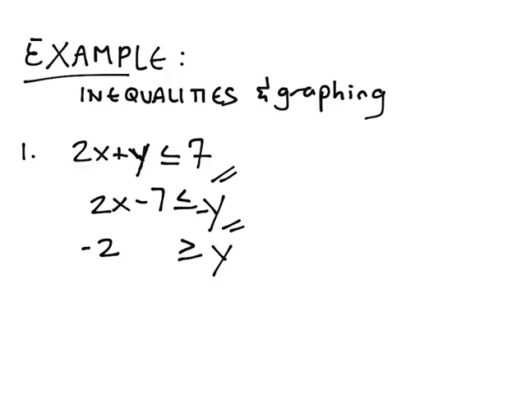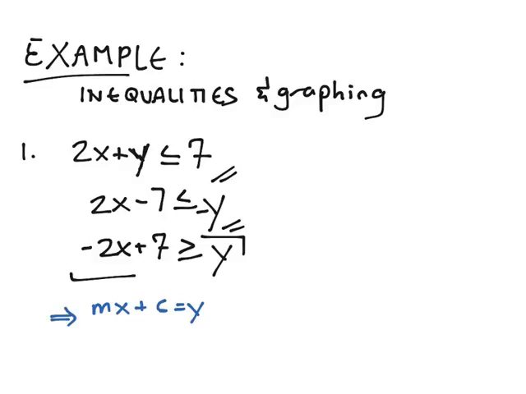So we have -2x plus 7 is greater than or equal to y, which is of the form mx plus c is equal to y.